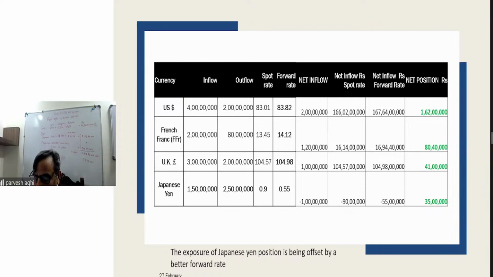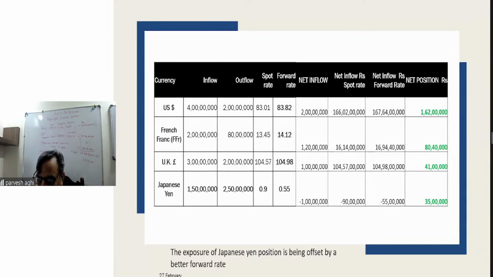Now, since the forward rate has gone up from 83 rupees 1 paisa spot rate to 83.82, that means it is going to have a net positive position. Since his inflows are more and the dollar has appreciated, it is going to have a positive impact on his overall positioning. So if he takes a forward cover, then he's going to get a positive impact.